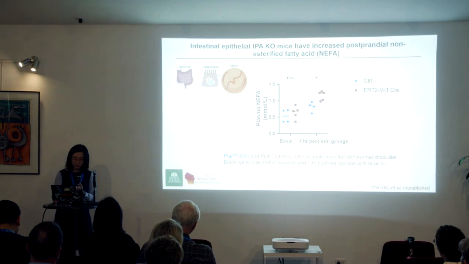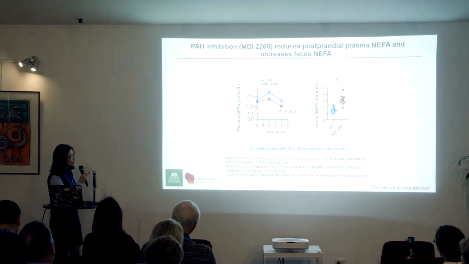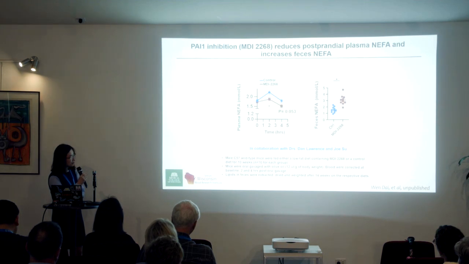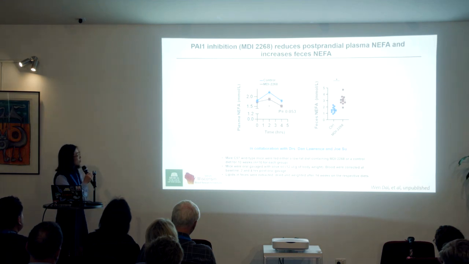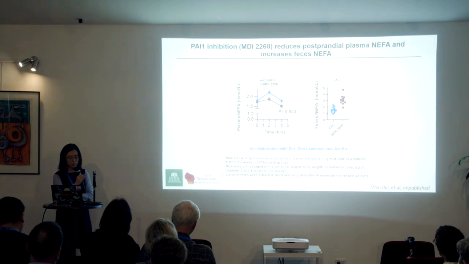non-esterified fatty acid levels. And I'm going to close up my talk with the last piece of data, in collaboration with Dr. Dan Lawrence and Joe Su in his lab, where we used the PAI-1 inhibitor from Dan's lab to see whether it will have opposite effects from the TPA knockout mice.